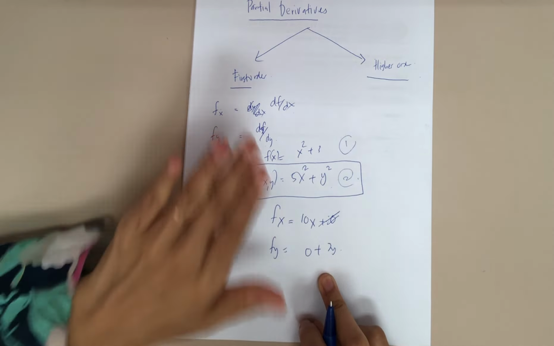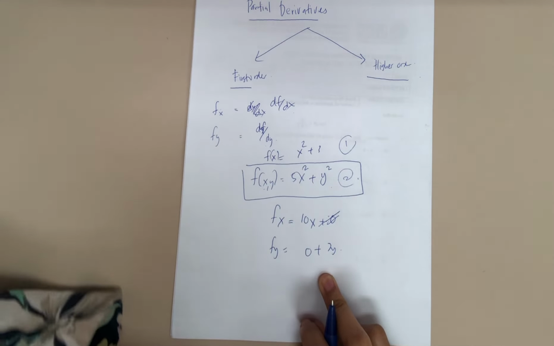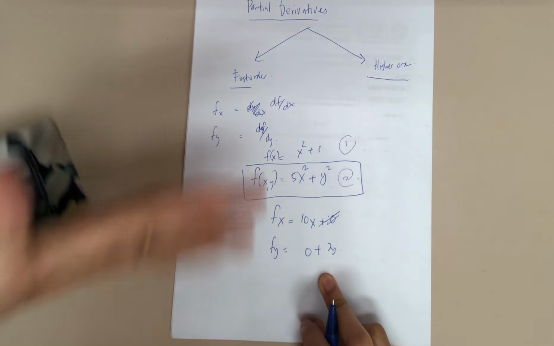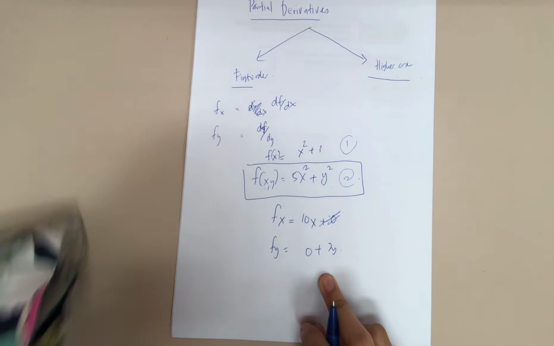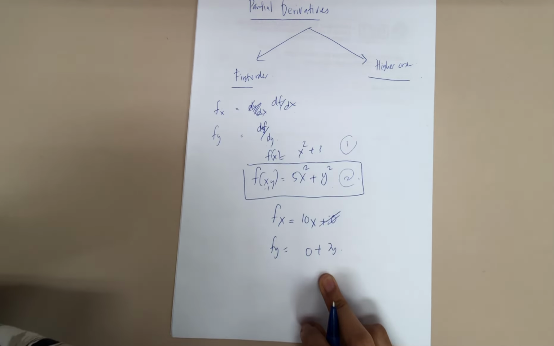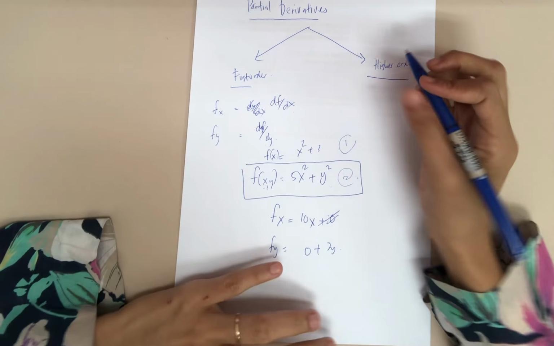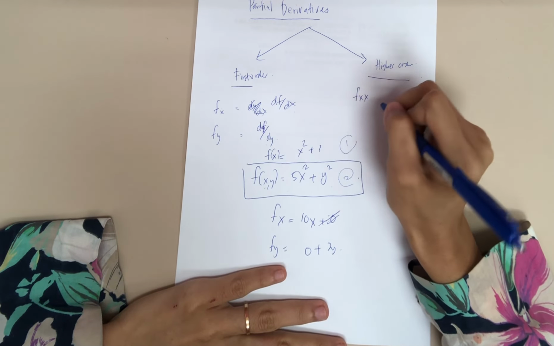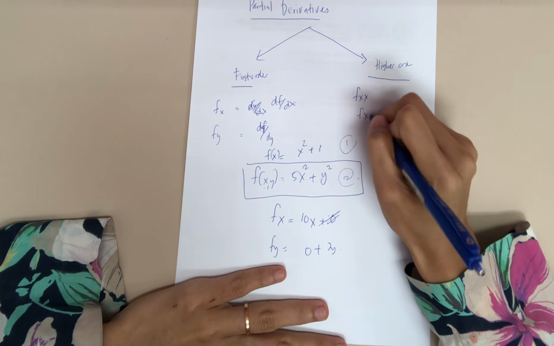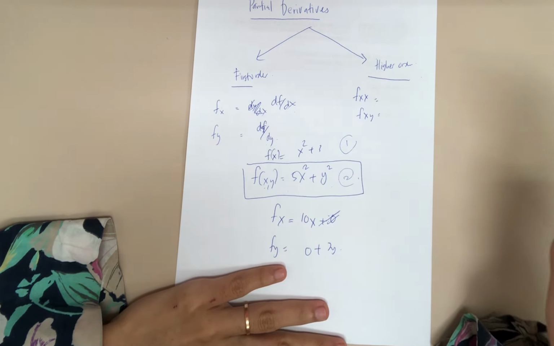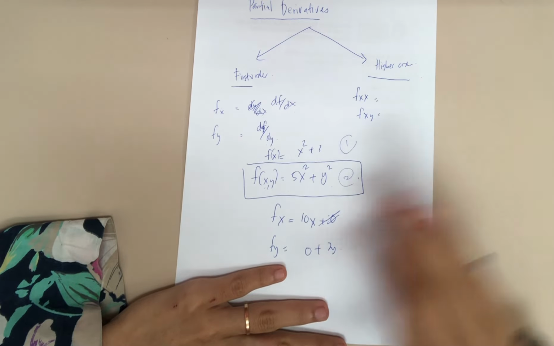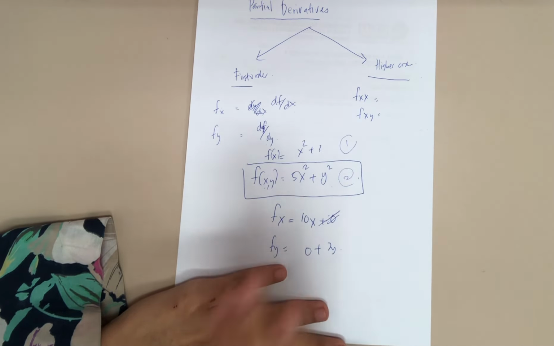This is the first order, and I just gave you a briefing on the process. For higher order, it's the same. The only difference is how we write it and how many times you differentiate. The process is still the same: you assume either one is a constant.